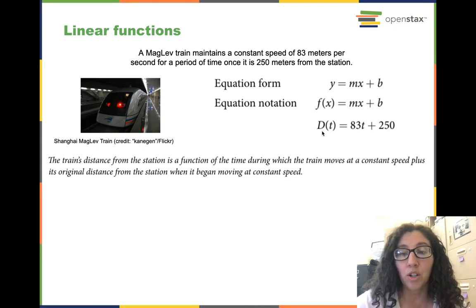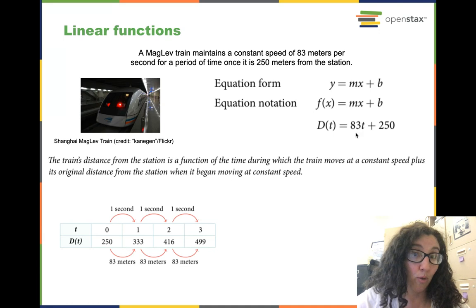And for this particular problem, we could write it like this. The distance as a function of time is 83 times number of seconds plus 250, right? Once it's 250 meters from the station, this describes the relationship, the distance from the station as a function of time.